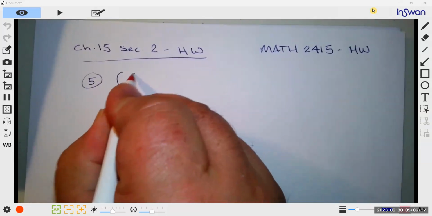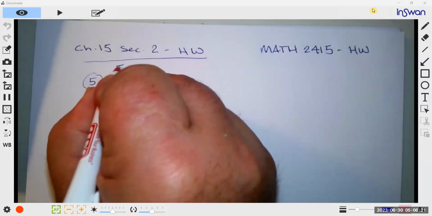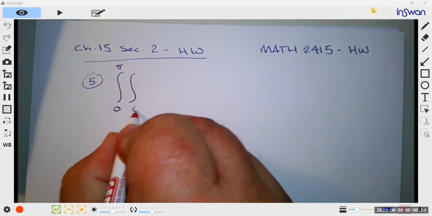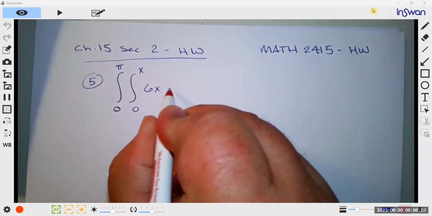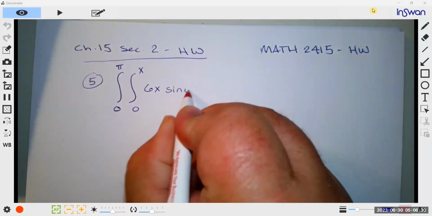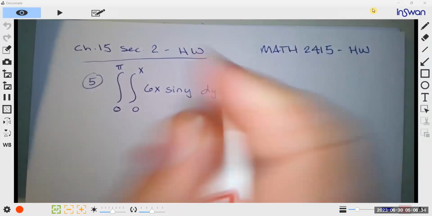So it's a double integral from 0 to pi, and then 0 to x, 6x sine y dy dx.